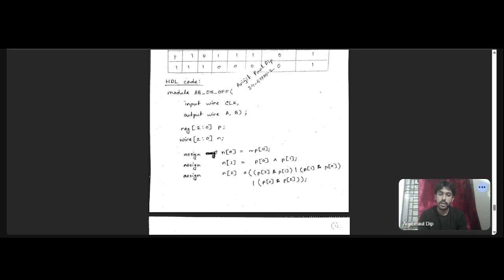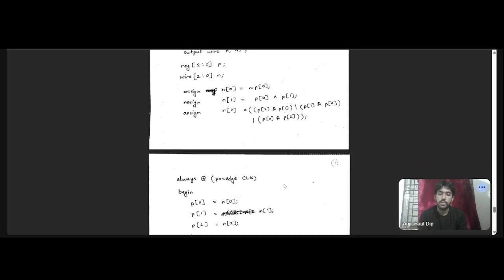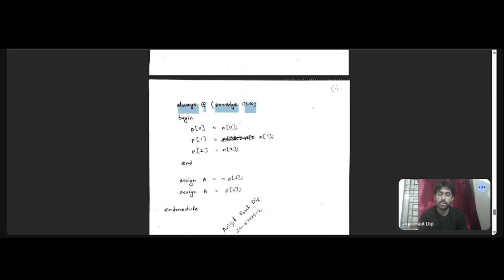Then we assign n0 equals to not p0, n1 equals to p0 XOR p1, and n2 equals to p2 and p1, or p1 and p0, or p0 and p2. Then we have mentioned that the code is only executed on the positive edge of the clock pulse.